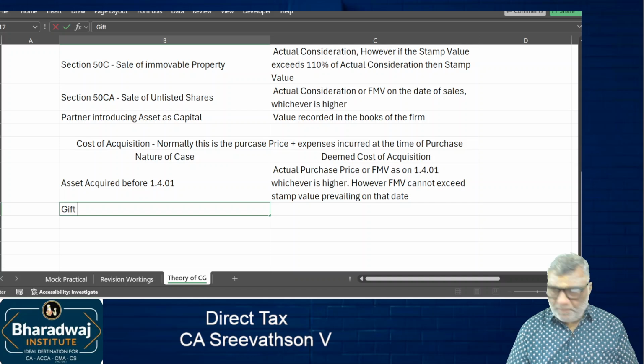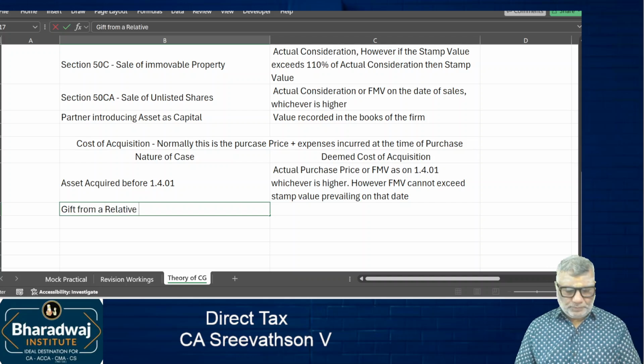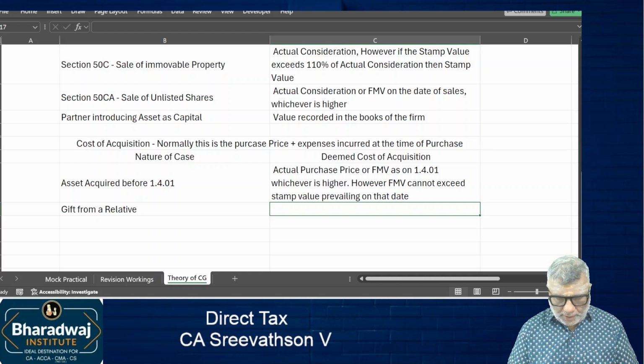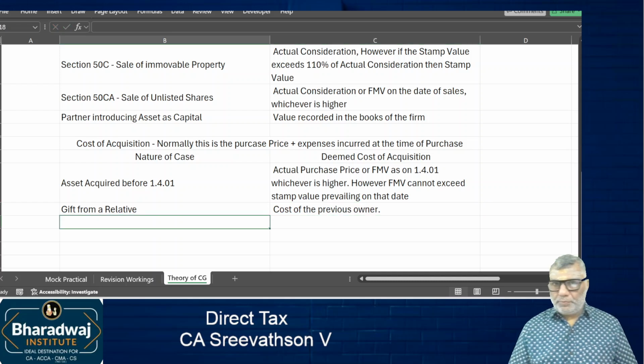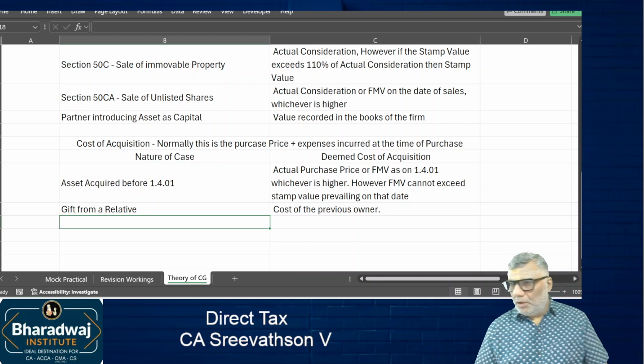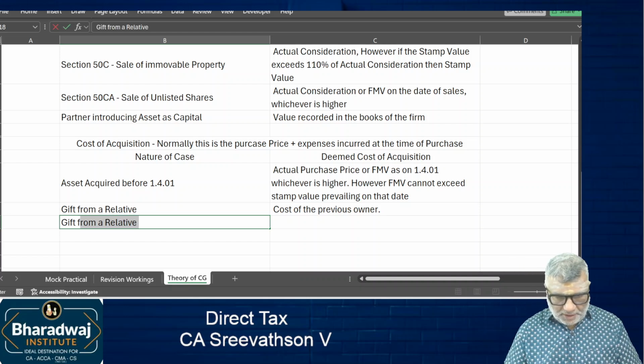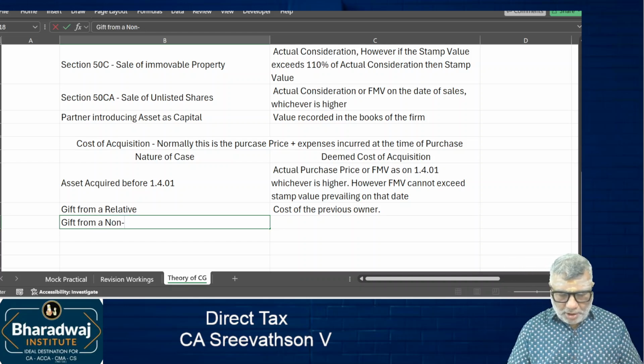Gift from a relative: cost of the previous owner. Gift from a non-relative.